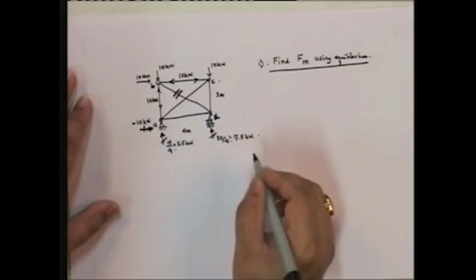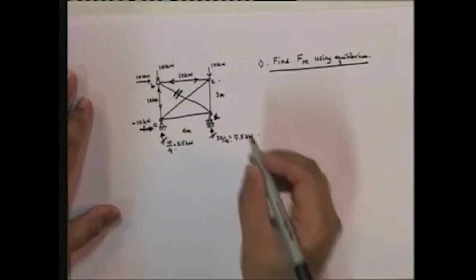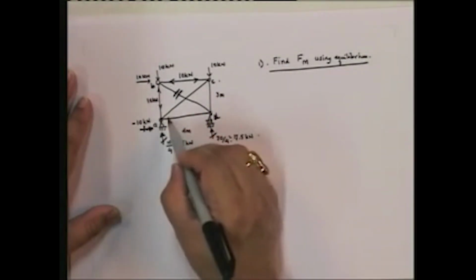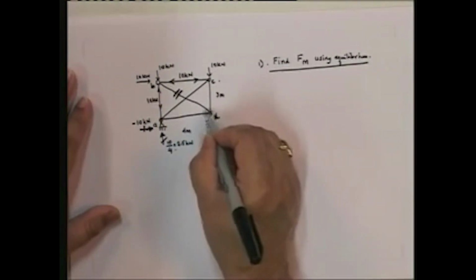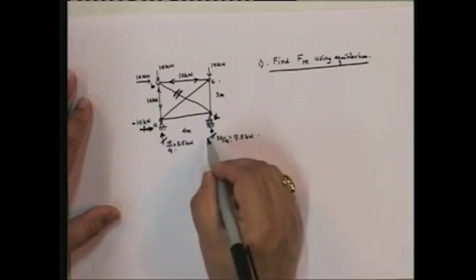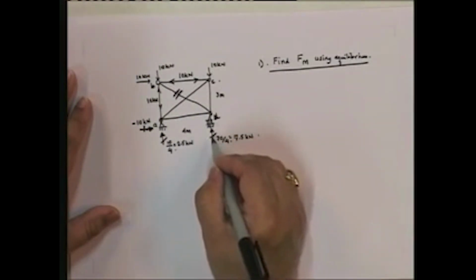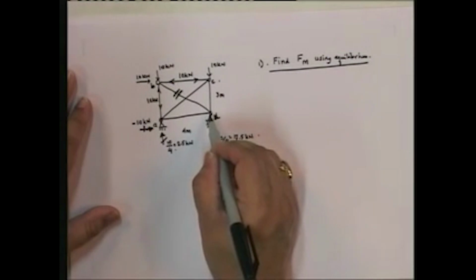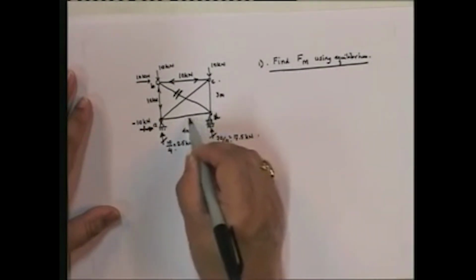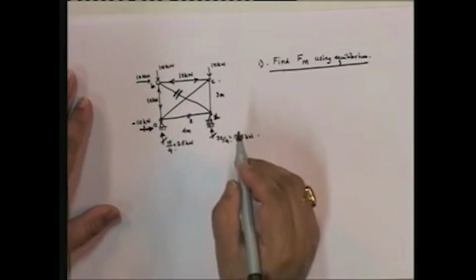Once you put it all together, let me forget about this and go to this particular cross section. Here, sigma Fx equal to 0 gives me this has no force.